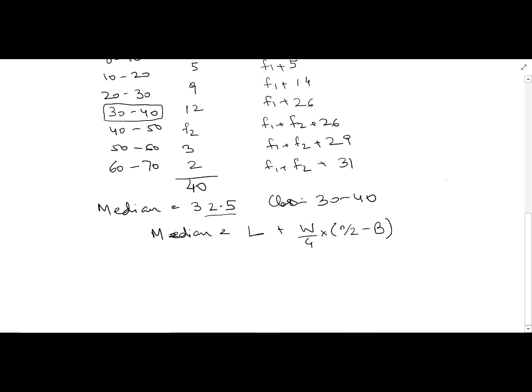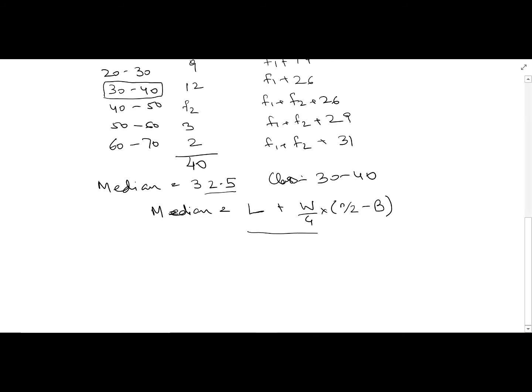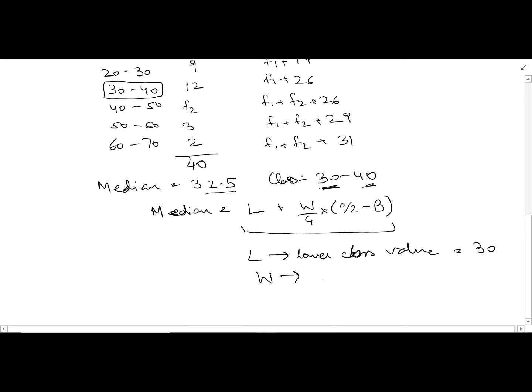Okay, now here let's consider all these values. L is the lower class value, so the lower one is 30, L equal to 30. Now W is the width of the class, so 40 minus 30, which is 10.